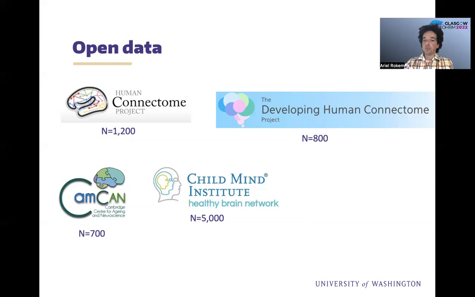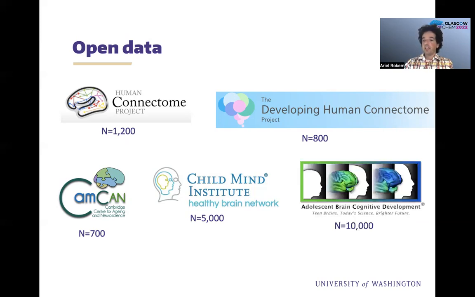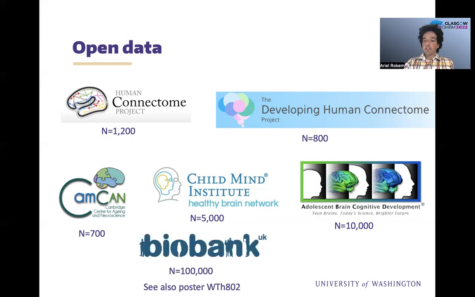The Child Mind Institute is collecting the Healthy Brain Network dataset that will include 5,000 measurements from 5,000 children and adolescents. And the Adolescent Brain Cognitive Development project will collect longitudinal measurements from approximately 10,000 children and adolescents, a pretty massive dataset. Finally, the UK Biobank is going to make measurements from approximately 100,000 individuals.